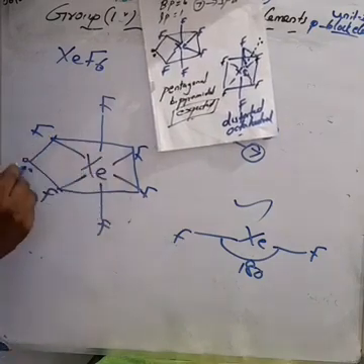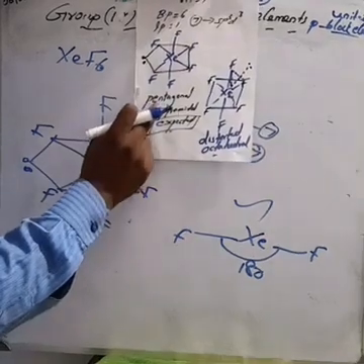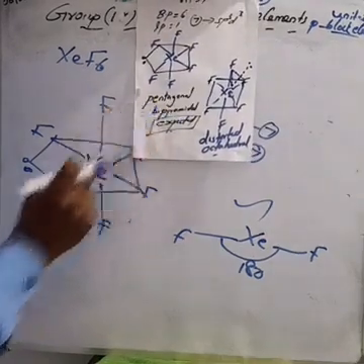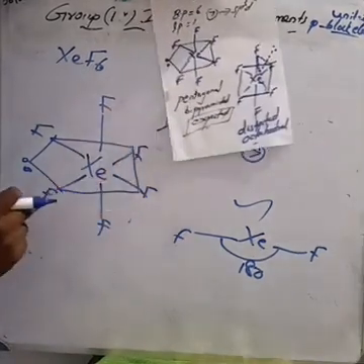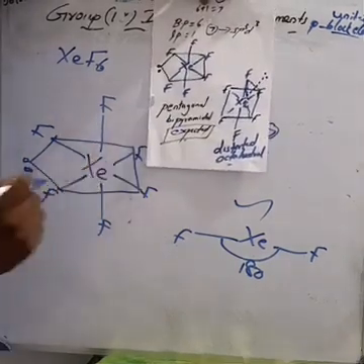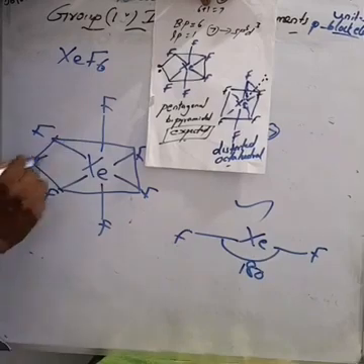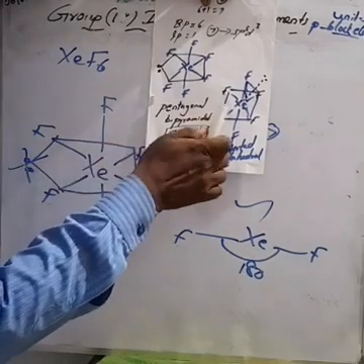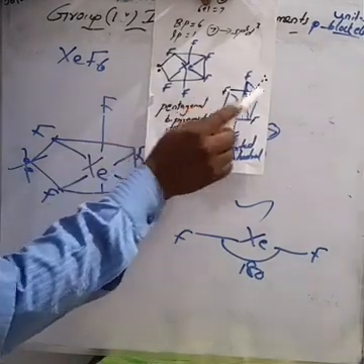So it is a pentagonal bipyramidal shape. This is the expected one. But if you are not considering the lone pair of electrons, this is Xe, xenon, fluorine.